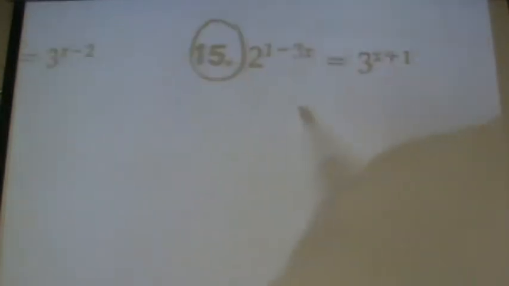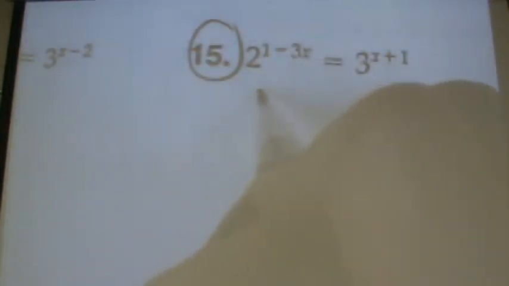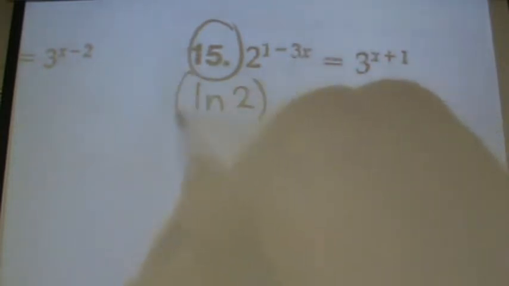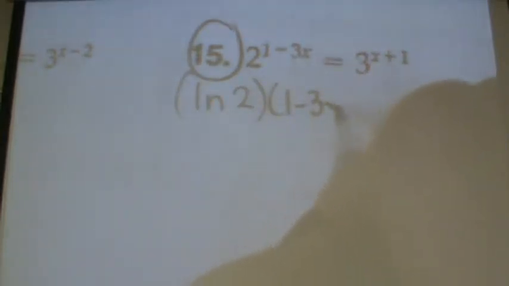Let's do one more, 15. Got a lot. Because I can't read that last one, 16. Number 15. I think that one's cut off, so we're going to stop at 15. So you have ln 2 times 1 minus 3x, and then ln 3.